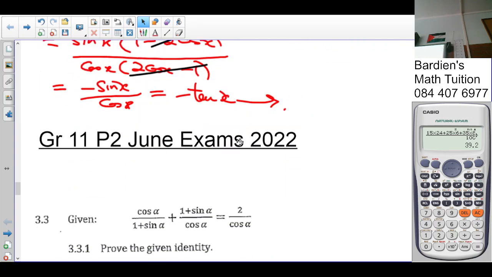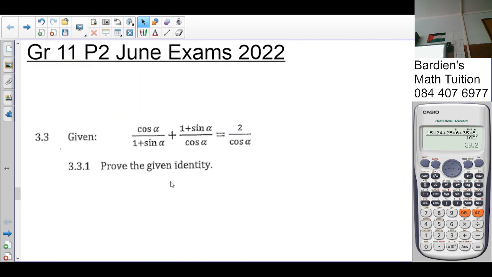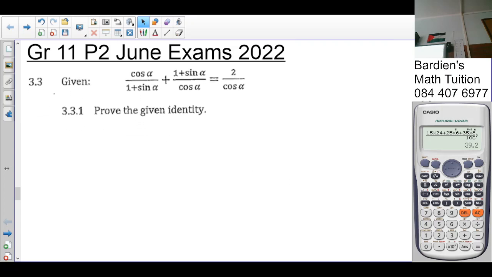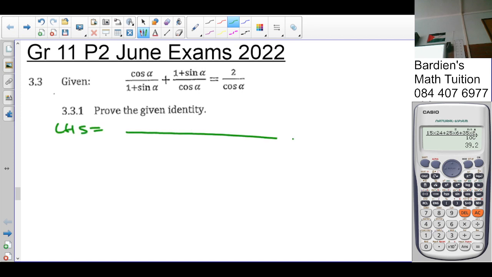Okay. The next question, 3.3.1, prove the given identity. Of course, the left-hand side in this case is easier to work with. I've got an LCM of cos alpha times 1 plus sine alpha. So you must multiply this by cos alpha to get the denominator, your LCM, sorted out.